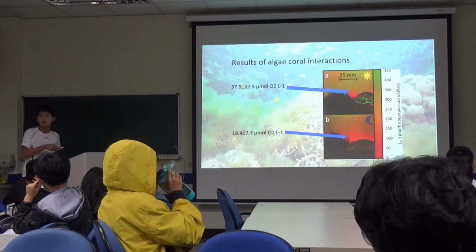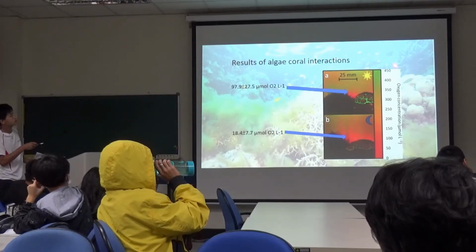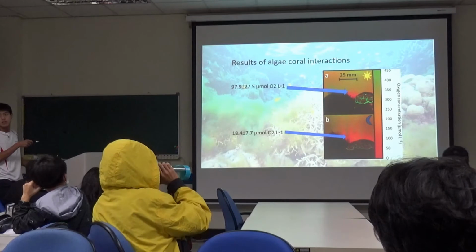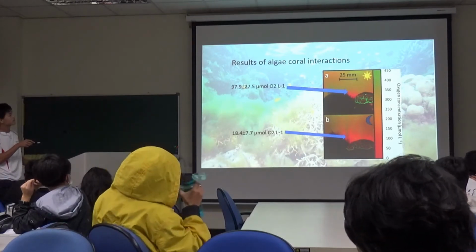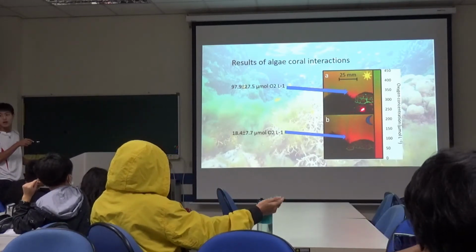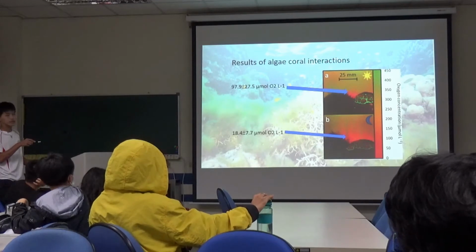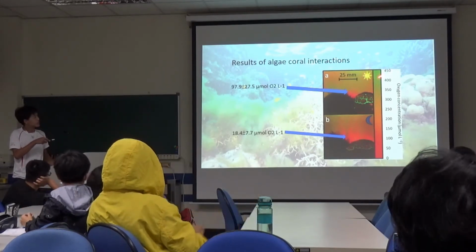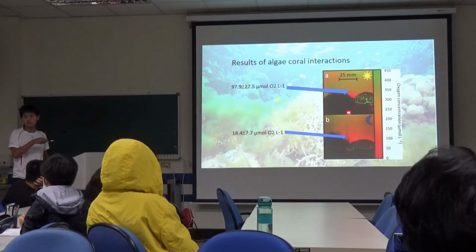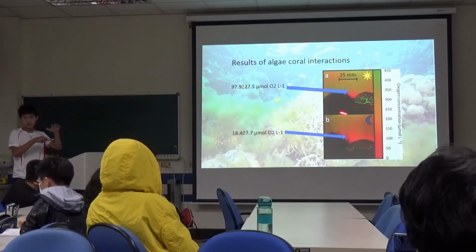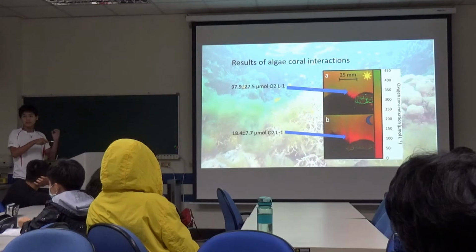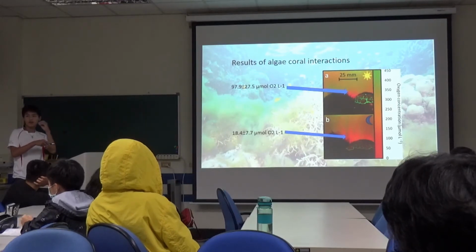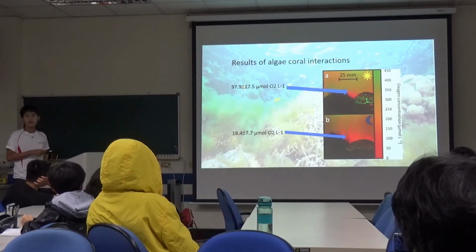No, I mean the green one, on the coral. Oh, here. This is because this is the coral, and this is at daytime. It produces a lot of oxygen in this zone, and it shoots straight up from the sheet, and then it flows outward.